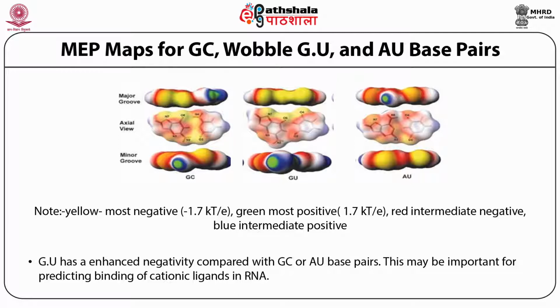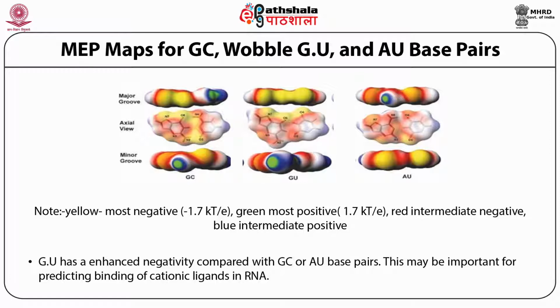In these pictures, the yellow color shows the most negative, minus 1.7 kT by E. Green shows the most positive, 1.7 kT, and red intermediate negative, while blue intermediate positive.